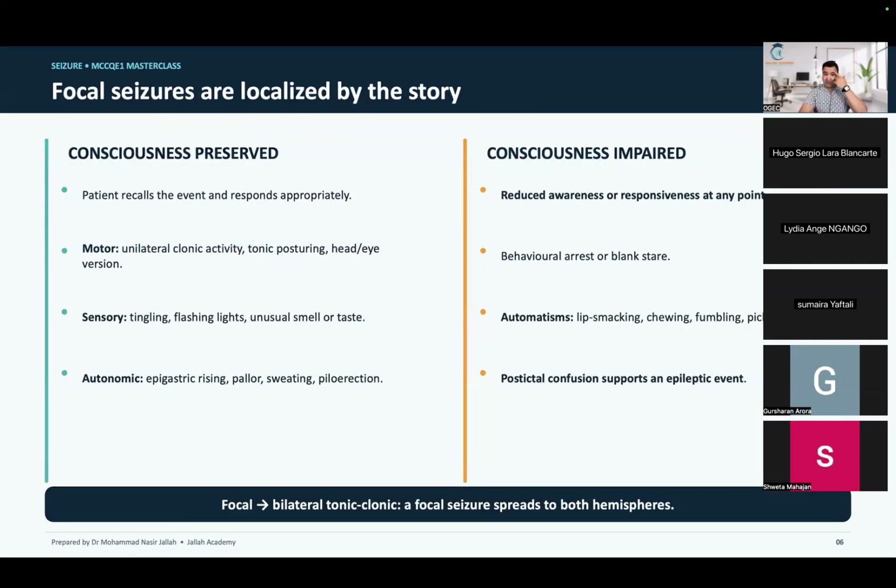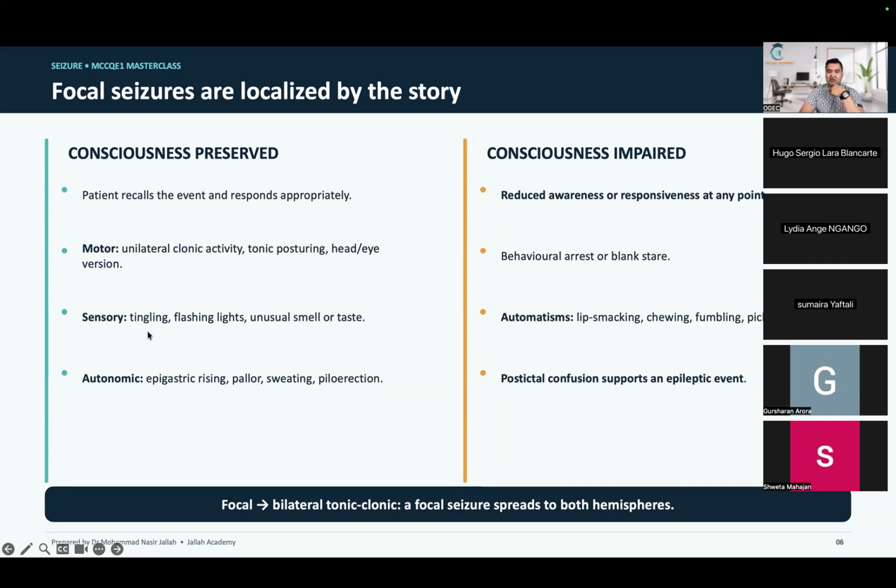Focal seizures are localized by the story. Awareness: conscious preserved or conscious impaired, so the patient recalled the event and responded appropriately. Motor: unilateral clonic activity, tonic posturing, head or eye version.